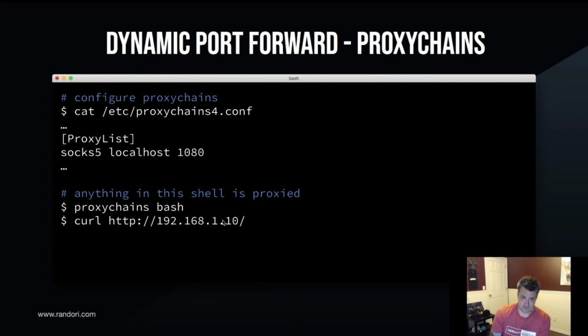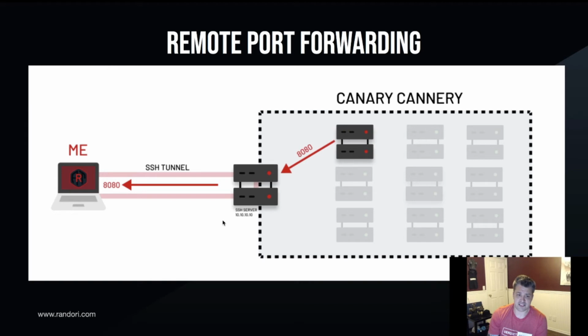So that's local forwarding and dynamic port forwarding. That's pretty neat, but maybe say I need to get outside. So let's say this time I'm actually inside of Canary. Maybe I phished someone and I have access to this server here on the right. And they have really good egress filtering, so I can't actually get to the internet, and I'm just completely blocked here.